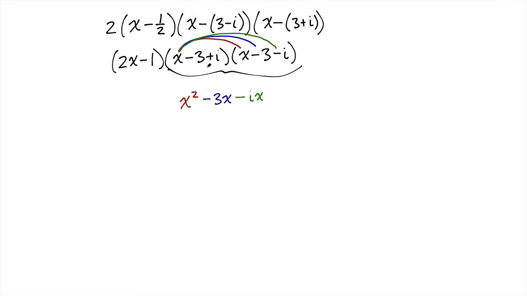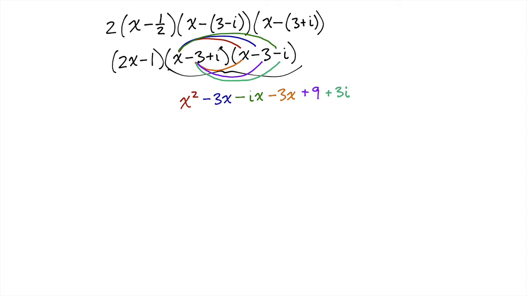Okay, and then I've got this next, negative 3 times x, negative 3x. And then I've got a negative 3 times a negative 3, and that's positive 9. And then I've got negative 3 times a negative i, and that is plus 3i.